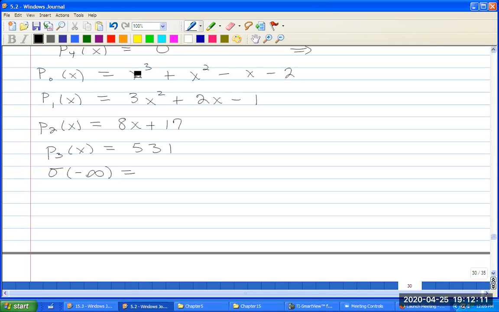Okay, so at negative, if something's very large, like negative 50, this is certainly going to be a negative number. And so I really actually only have to look at the leading order term here. So if I plug in a negative 50 or a negative 1,000, this will certainly be a negative number. Okay, so this will be negative. This will be positive.